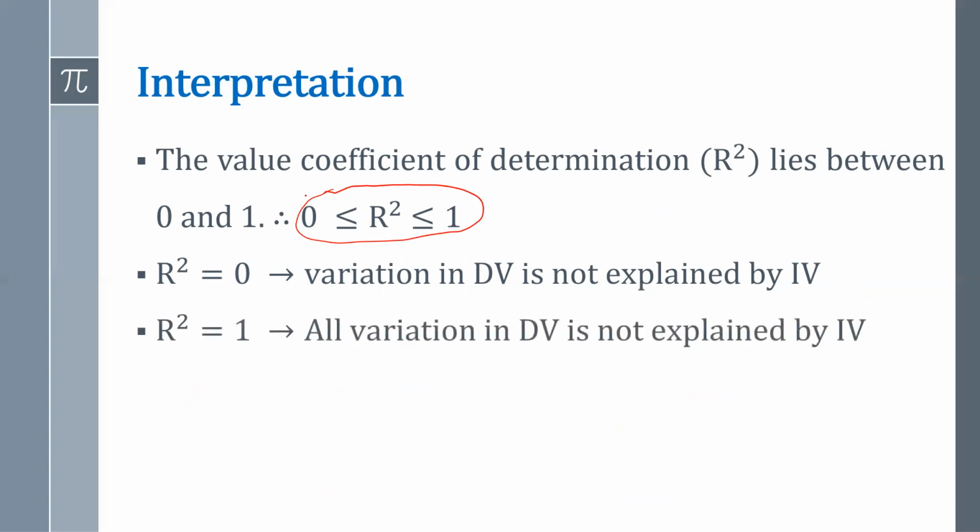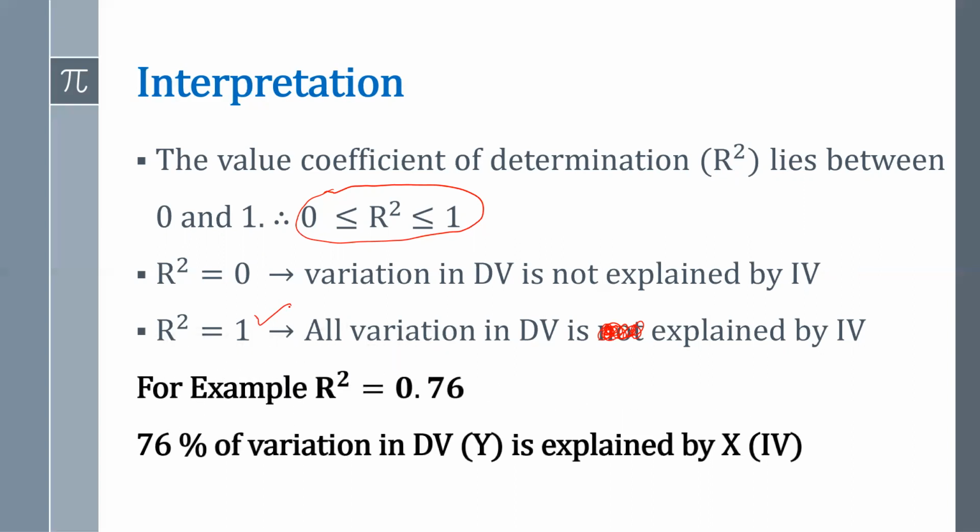And if it is 1, 100% variation in dependent variable is explained by independent variable.